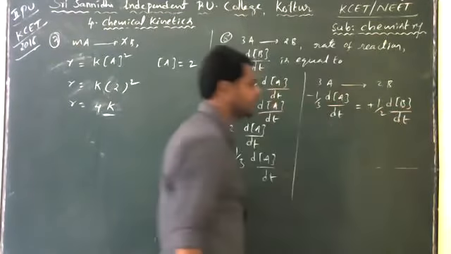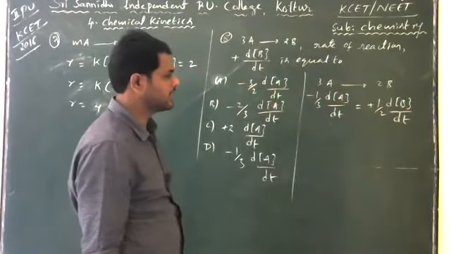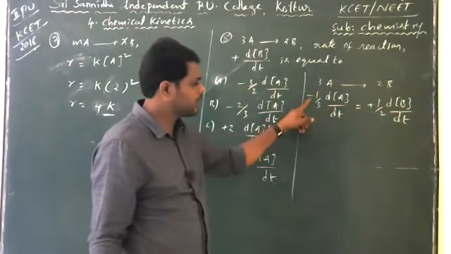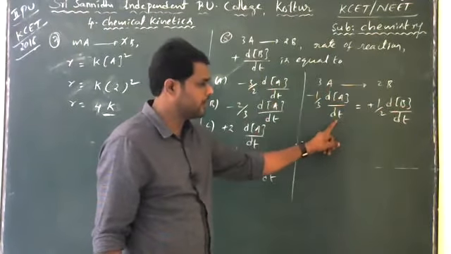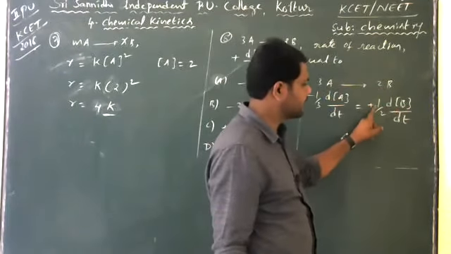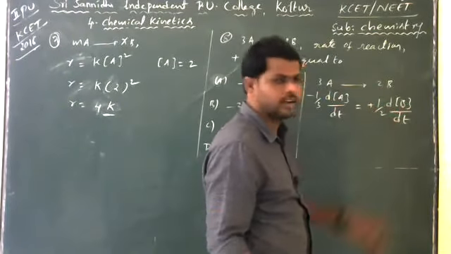This is the rate of reaction. The rate is equal to minus 1 by 3 rate of disappearance of A, that means minus 1 by 3 d concentration of A divided by dt, which is equal to the rate of appearance of B, that is plus 1 by 2 d concentration of B divided by dt.